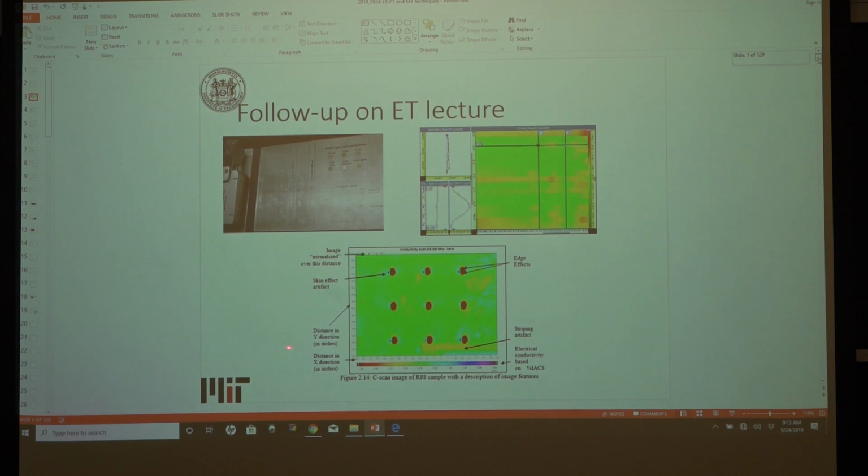That's what these arrows are pointing to: certain artifacts in the image that are not true indications. The true indications are the reddish colored circles. Depending on how you set the range on the bottom here, whether tighter or wider, it affects the C-scan output for the color image.